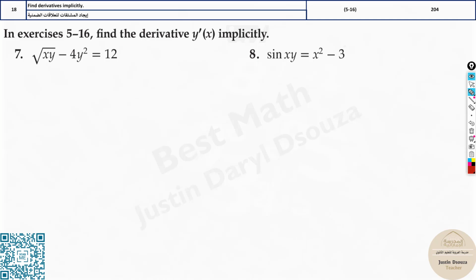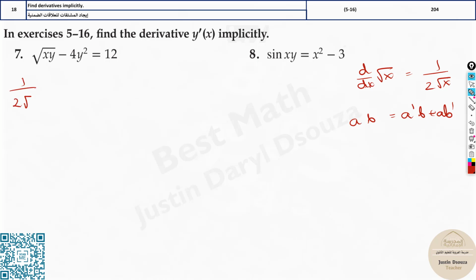Before we solve, I'll write some identities. The derivative of square root x is given as 1 by 2 square root x. The product rule we had done: for a times b, when there are two variables, it will be a prime b plus a b prime. Let's solve it out. Here I'll directly use the identity.